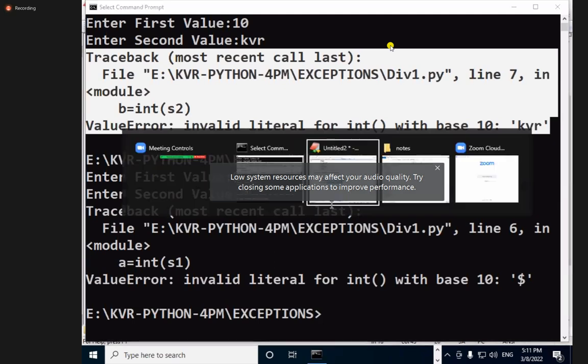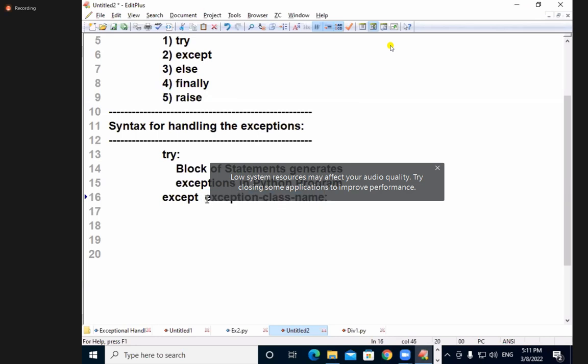Because of that exception class name, by default, one message will come. From now onwards, don't generate which messages? Now give which messages? So who is suppressing your technical error messages? The except block. The except block will suppress which messages, and generates which messages? Good.